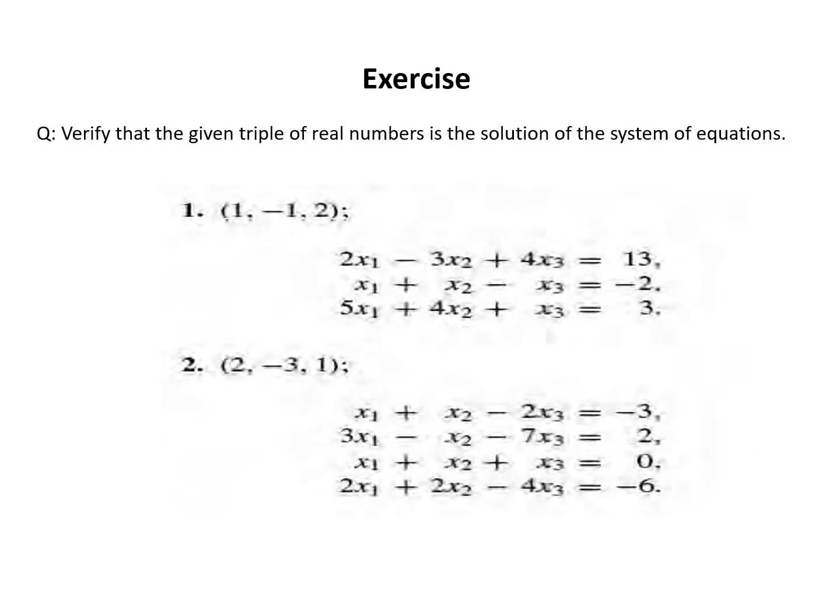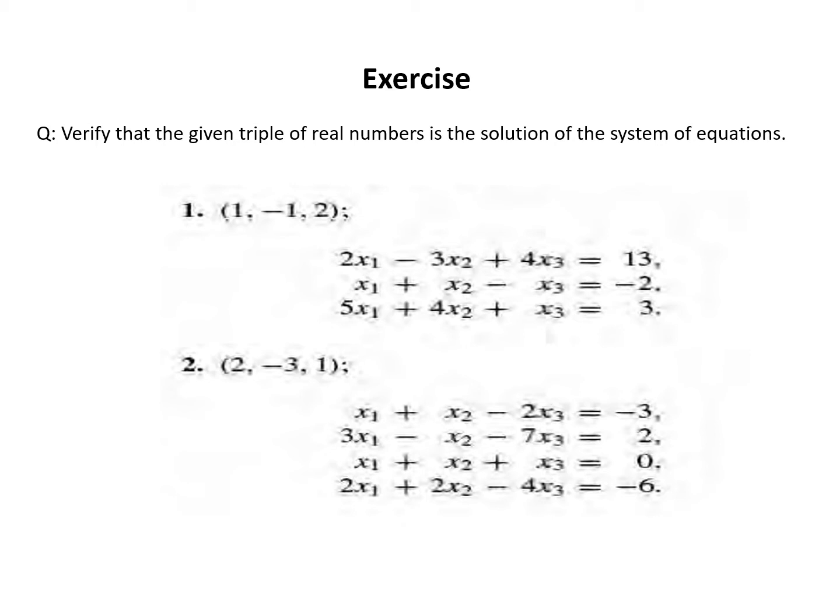Exercise: verify that the given triple of real numbers is the solution of the system of equations. If we replace x1 equal to 1, x2 equal to minus 1, x3 equal to 2 in these three equations, the first equation's answer is 13, the second equation's answer is minus 2, and the third equation's answer is 3.